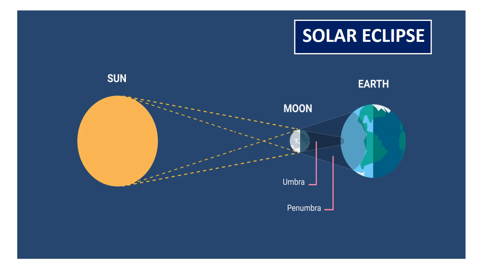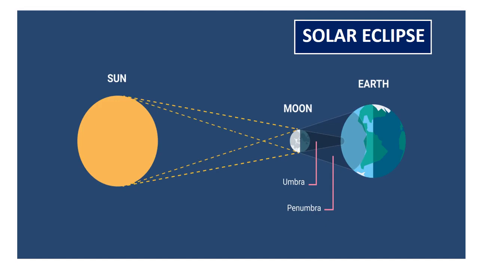Let us understand the solar eclipse through this diagram. Here, at one end there is sun, and we all know sun is acting as a source of light in this condition. On the next extreme side, we have earth. Here, earth is acting as the screen on which the shadow is formed, and moon is acting as the opaque object which is blocking the sun rays partially or completely.